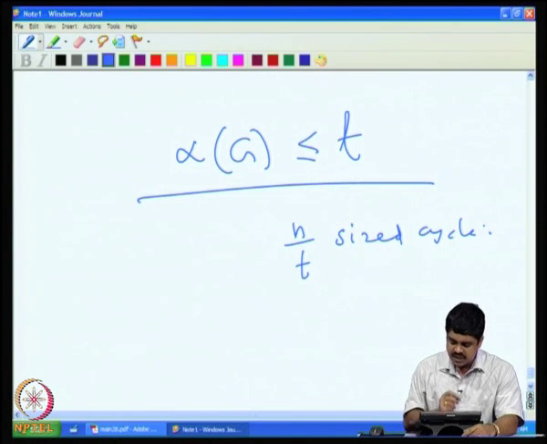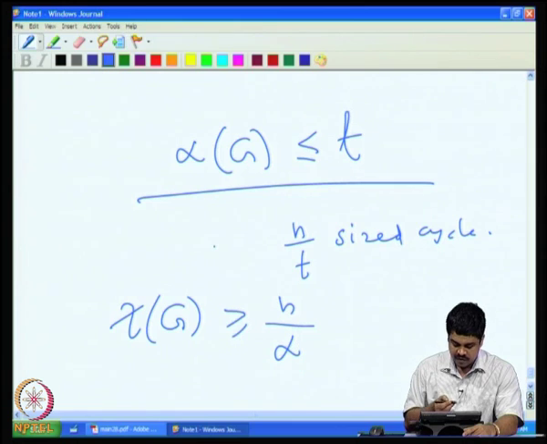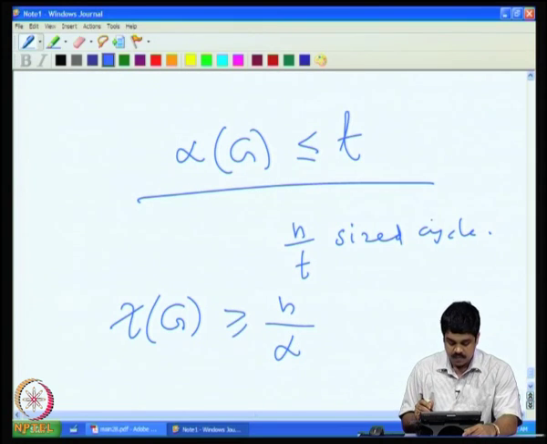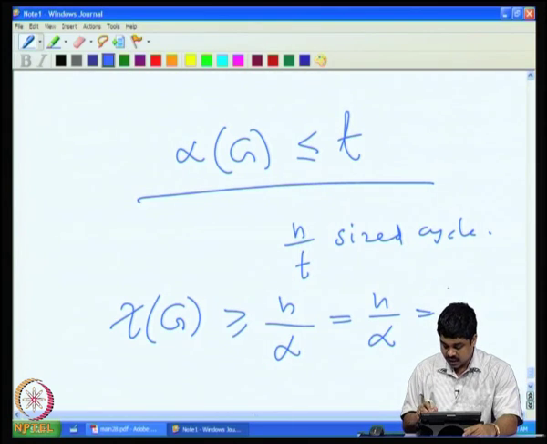Because alpha is less than or equal to t, what should be the chromatic number? The chromatic number has to be greater than or equal to n by alpha, because any color class can have at most alpha, that is t, number of vertices in it. So, there should be at least n by t color classes. So, the chromatic number has to be at least n by t.